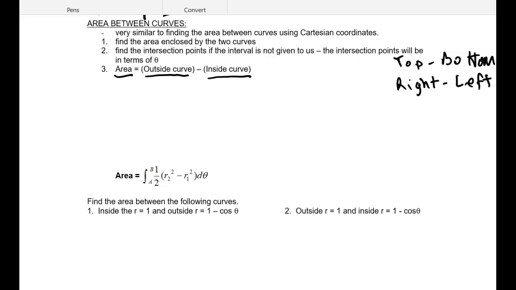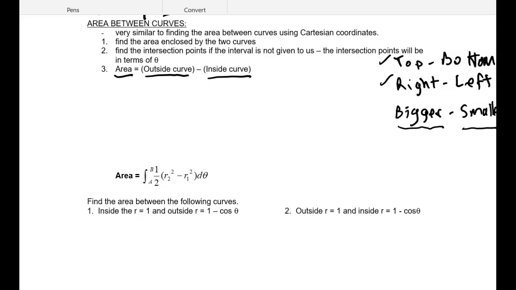The reason we do those is that the top is bigger than the bottom, so we did the bigger minus the smaller. The reason we did right minus left is because the right hand side is our bigger side and the left hand side is smaller.